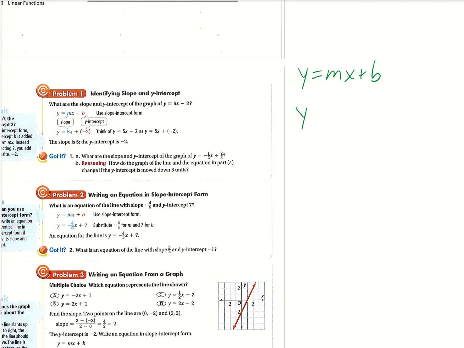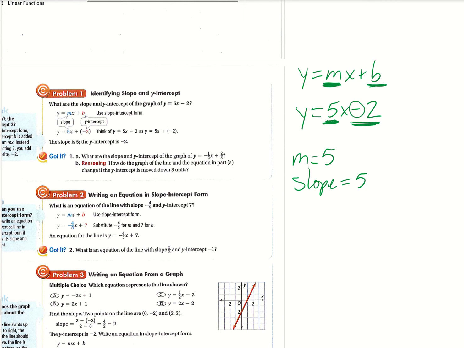So if we have y equals 5x minus 2, we're just going to look at what corresponds with what. So m corresponds with 5, so m equals 5, or the slope equals 5. And then we have b is negative 2, because we have minus 2 instead of plus 2.